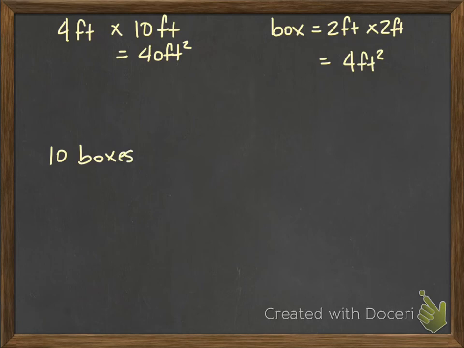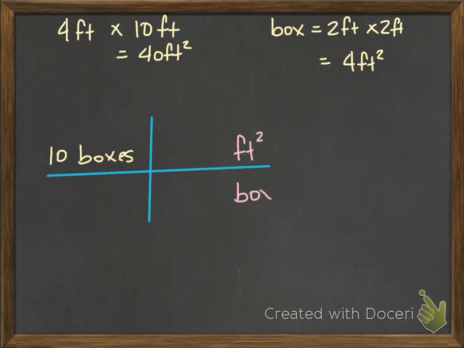I can do my little conversion thing like we were doing in class the other day, or online if you were at home. The conversion thing said, I start out with boxes. What I really want is feet squared. So I want to put that up here. I want boxes to cancel out, so I put my boxes down there, because really I want the area. So area equals question mark, because that's what we're trying to find.